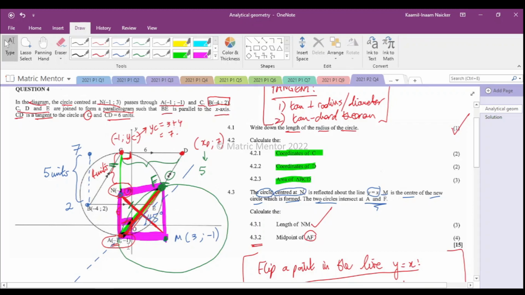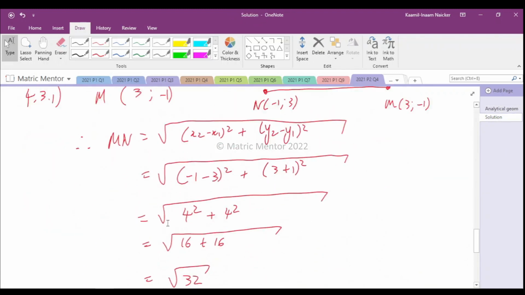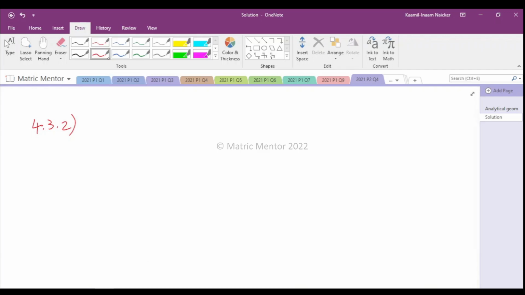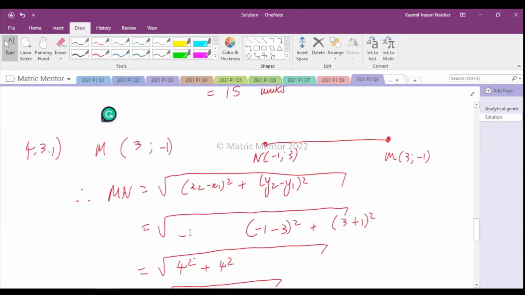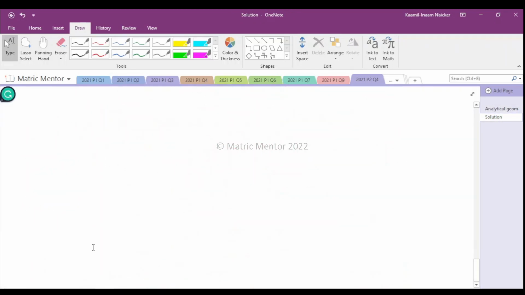So the midpoint of AF is equal to the midpoint of NM. If I can find the midpoint of NM, then I've essentially found the midpoint of AF, which is what I'm looking for. Let's put that into words, because it's a bit difficult to illustrate with reasons. This is for 4 marks. So let's go down and start writing.